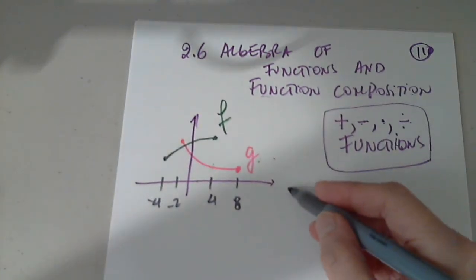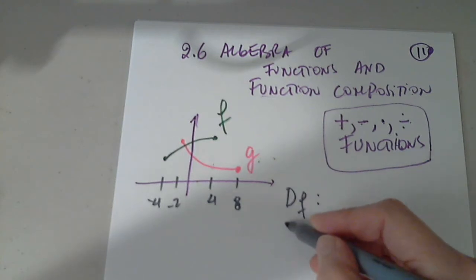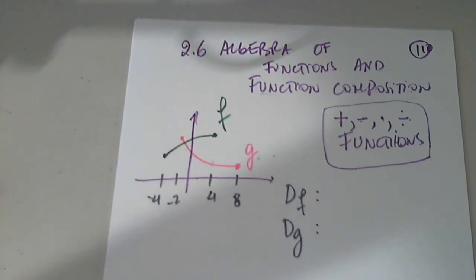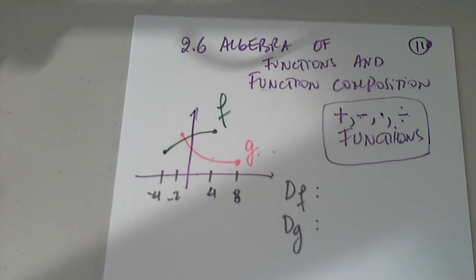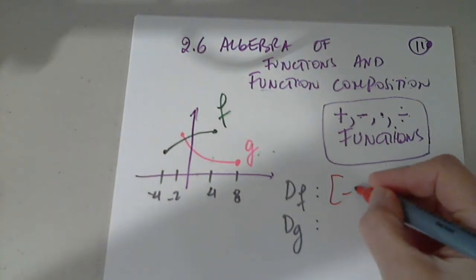And I'm going to ask you what is the domain of f and what is the domain of g. Can anyone give us the domain of f or g or both? Anyone? -1 to 4. Thank you very much.